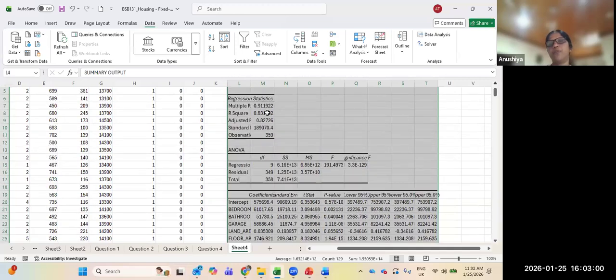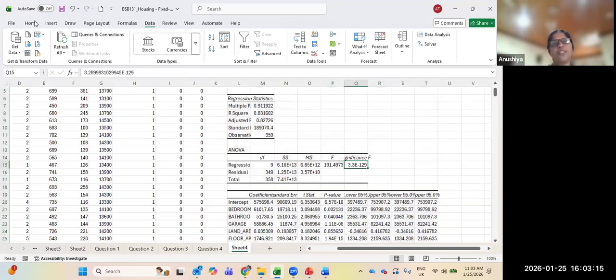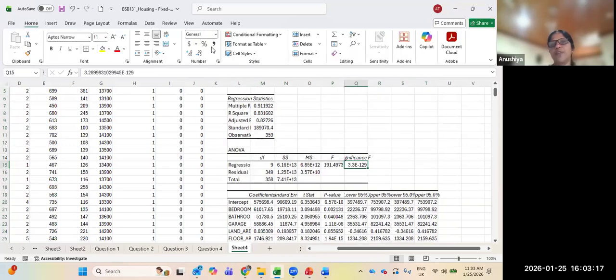But you know how to interpret the R squared: this is how much variation in Y is explained by the regressors. So 83% of the variation in Y is explained by all these variables. And the significance of the F test gives the overall model significance. This is significant, so the model is a good fit.